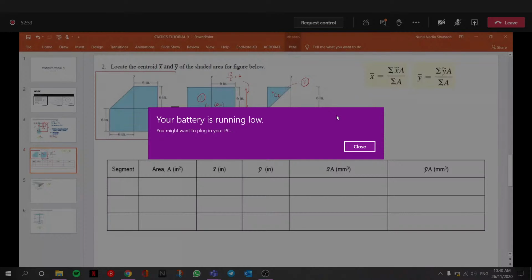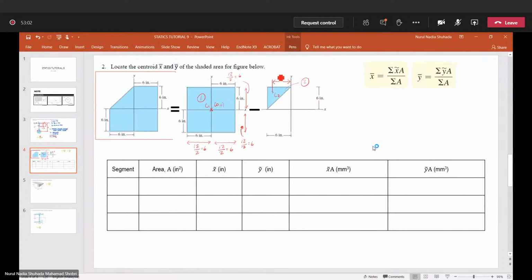Okay, so to find the value of x for the triangle here, 2/3 times the... okay, to recalculate this.